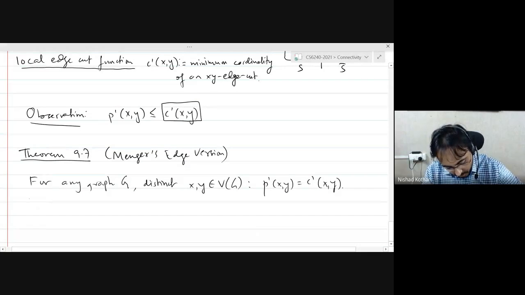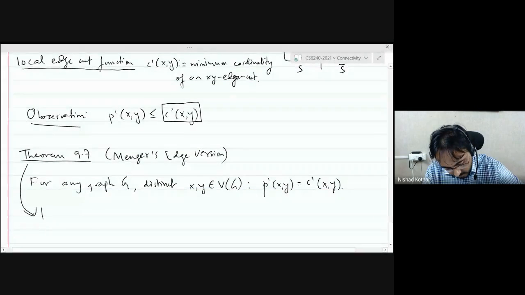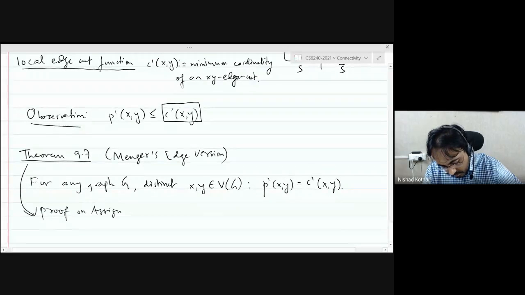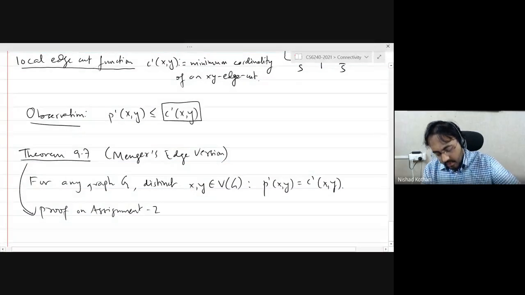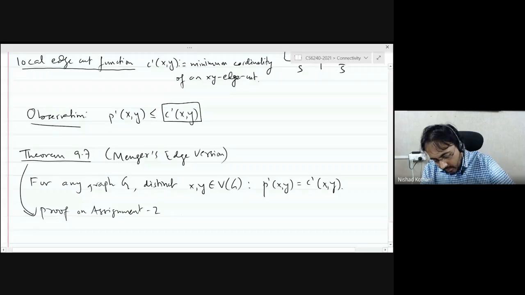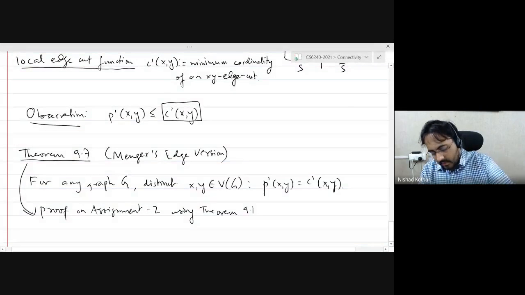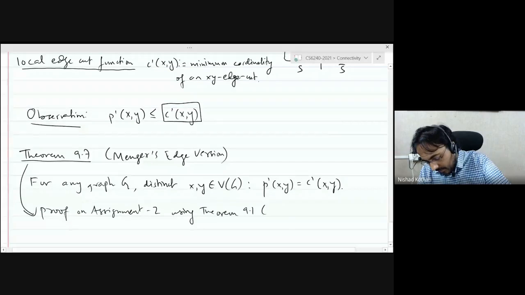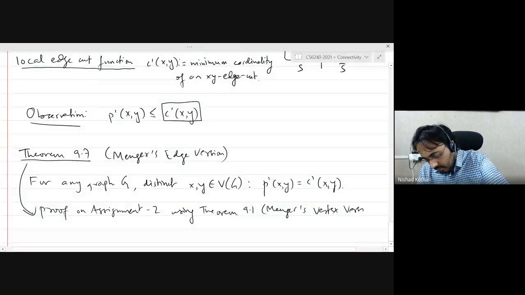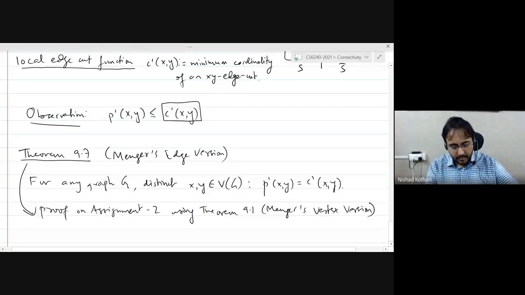And you will be proving this on assignment 2 using theorem 9.1, which is Menger's vertex version.